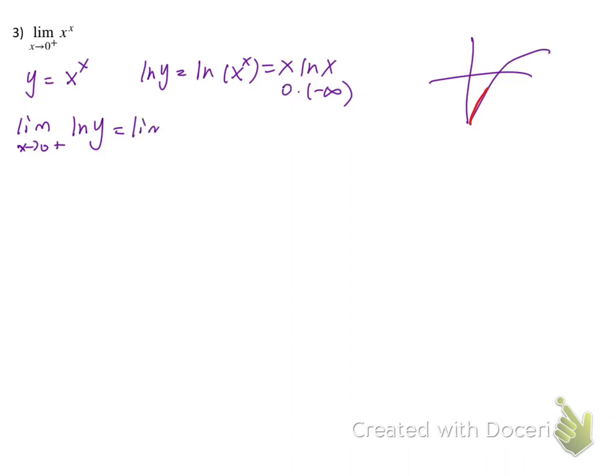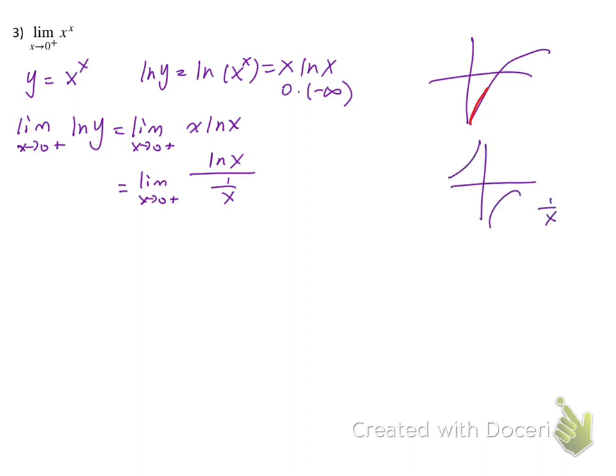This will be the limit as x approaches 0 from positive of x times log x, and I will need it to be a quotient. I guess it's nicer to have 1 over x than 1 over log x. So this time we are really having 1 over x, 0 over 0.